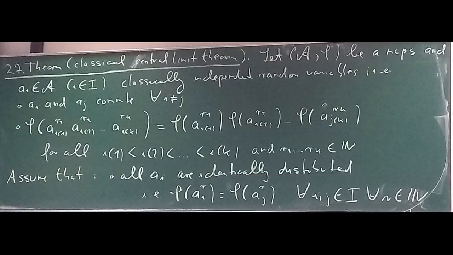So if I look at the variable Ai and the variable Aj, they have the same distribution, but distribution for us is just a collection of moments. So if I take the r-th moment of Ai and the r-th moment of Aj, they are the same. This has to be true for all powers r, for all moments, and of course also for all i and j.